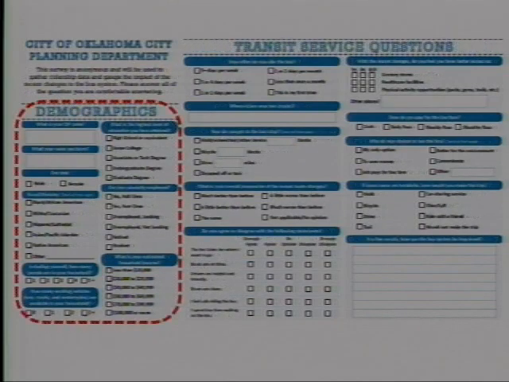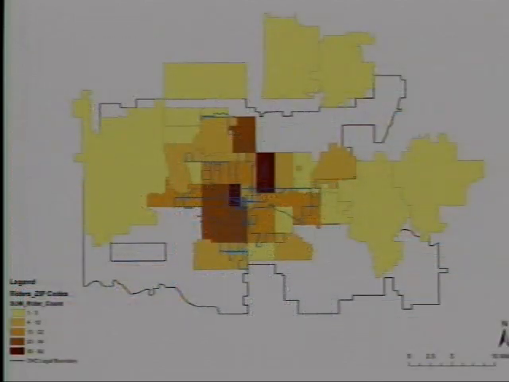So I'll start with the demographic results and just kind of move through those. This portion of the presentation will show the results for system-wide statistics, whereas some of the questions later on will have a breakdown by route. So on your screens, I'm sure it's a little clearer. This is a map of all the zip codes of the respondents.